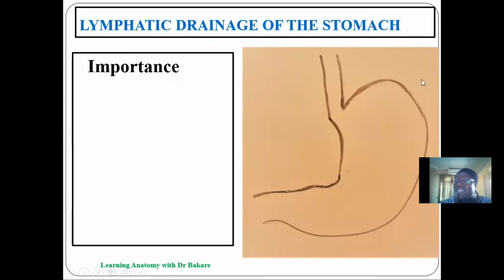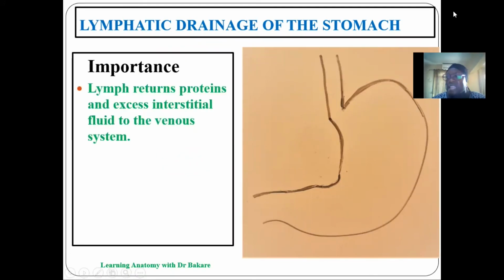The lymphatic drainage of the stomach is a very interesting topic, and it is very important. It helps to return excess proteins and fluid back into the venous blood. These are mopped up from the tissue of the stomach, so that excess proteins and fluid will be returned into the venous blood and will not be left within the tissues of the stomach.